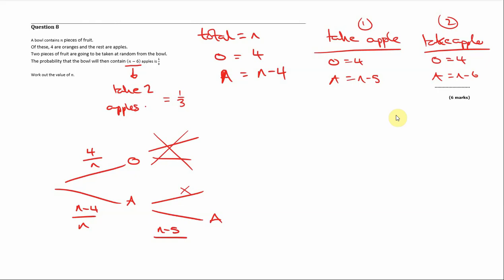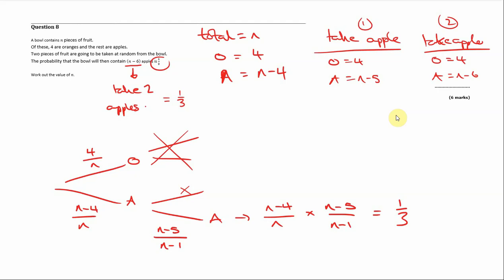And if I take any of the fruits, I'll have n minus 1 lots of fruit in the bowl. So the probability of this will be n minus 4 over n times n minus 5 over n minus 1. And that is going to equal a third.